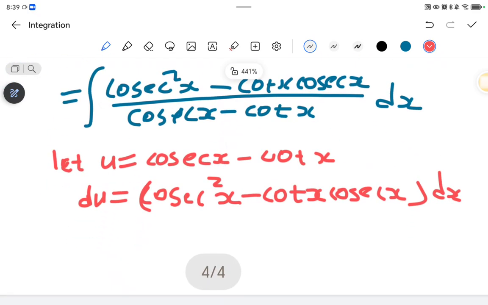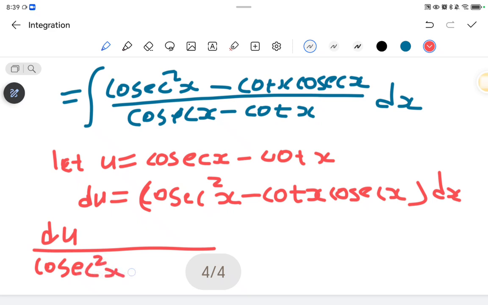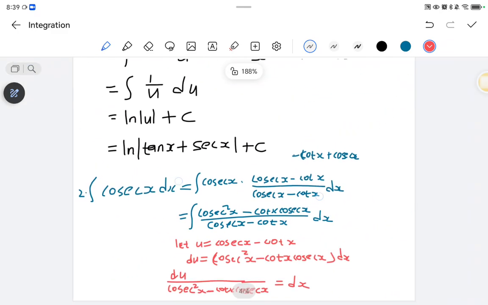And then I make du the subject of the formula. So du will be cosec squared x minus cot x cosec x dx. You see?